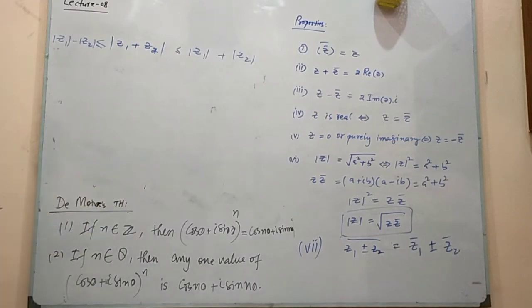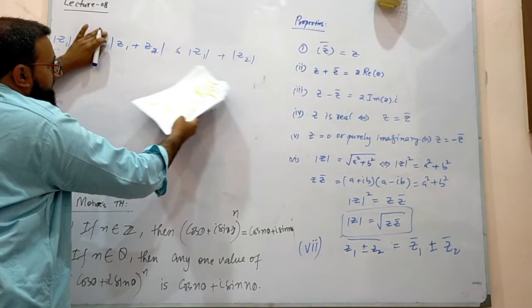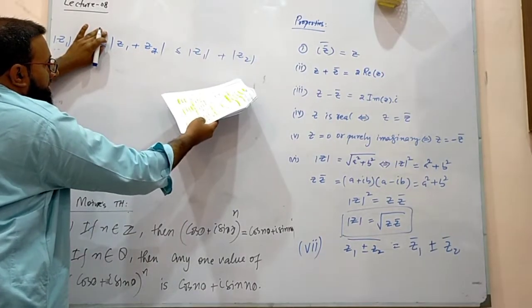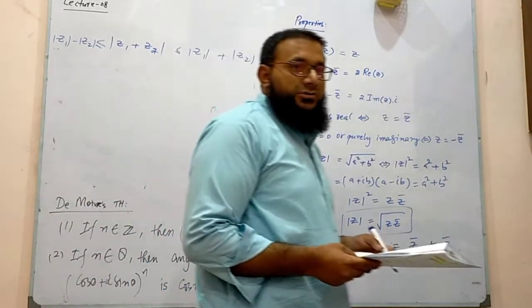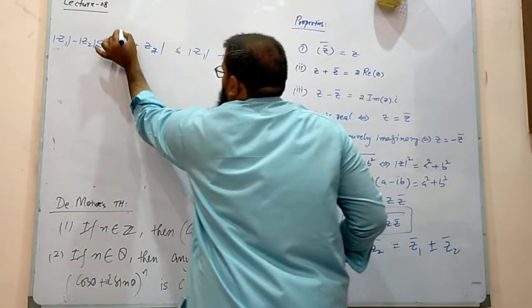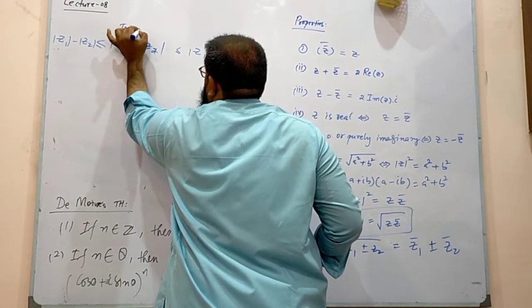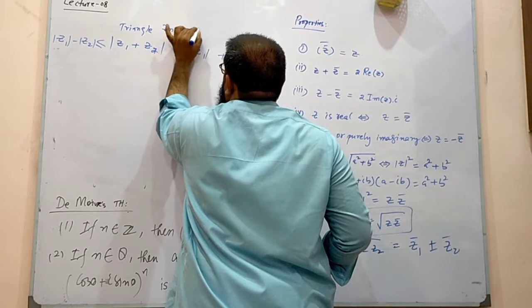This always happens. This thing is called the triangle inequality, and this thing is called the reverse triangle inequality. Both are okay. These are triangle inequalities.